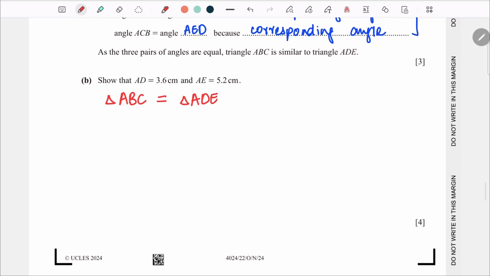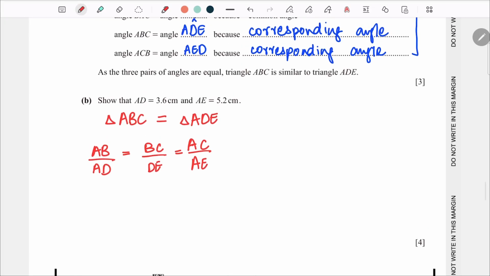Now the ratios for corresponding lengths are AB over AD, the second length would be BC over DE, and the third length would be AC over AE.